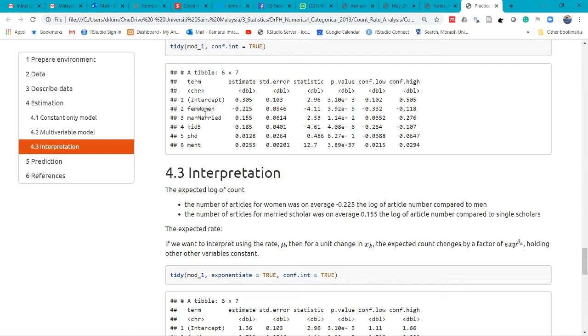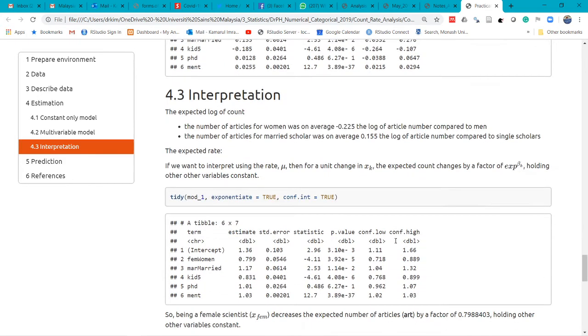It means that the number of articles for women is actually less than men. And the number of articles for married scholars was on average 0.55, the log of article number compared to single scholars.